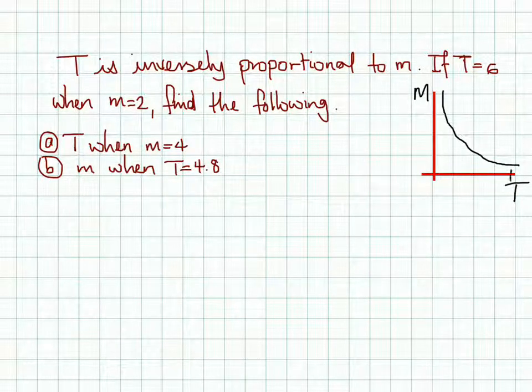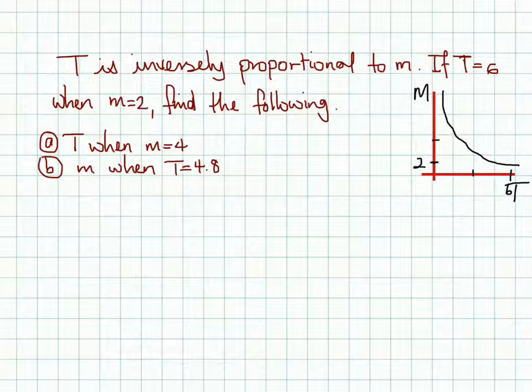It says when T is equal to 6, the value of M at this point is going to be 2. So in other words, we'd expect that as T gets smaller, the value of M will increase. All right, that's fine. So we know it looks like that. Let's find out what k is then.